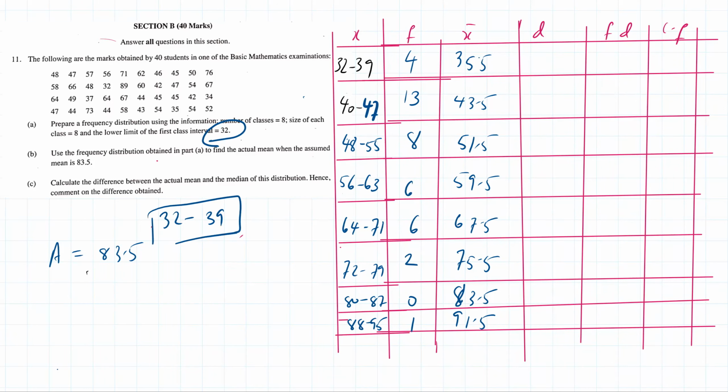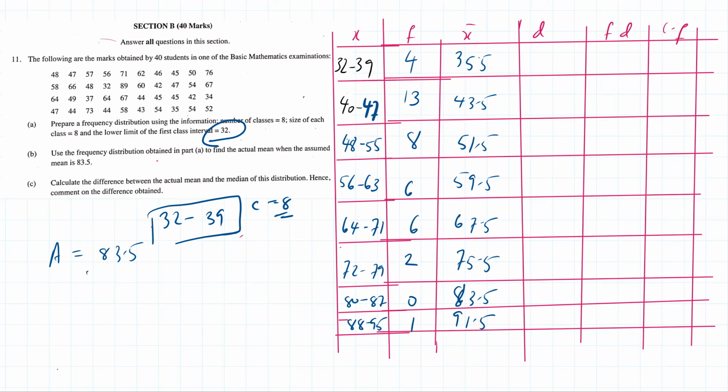If you calculate the class size here, you get a class size equal to 8. So it is 32 to 39, 40 to 47, 48 to 55, and so forth. And if you count the numbers, you find that between 32 and 39 we have 4 numbers. It continues like that. So we are going to find the mean value of this interval.